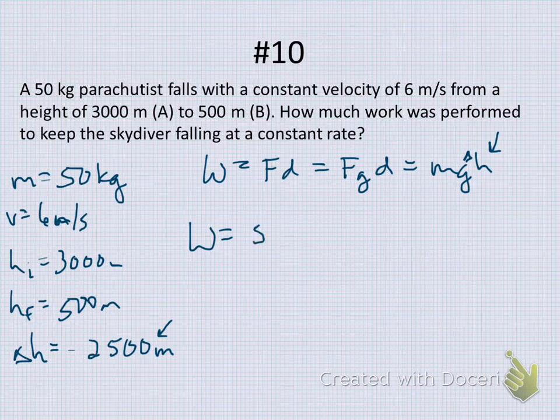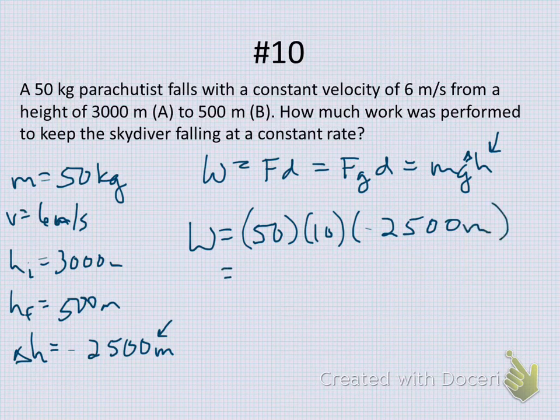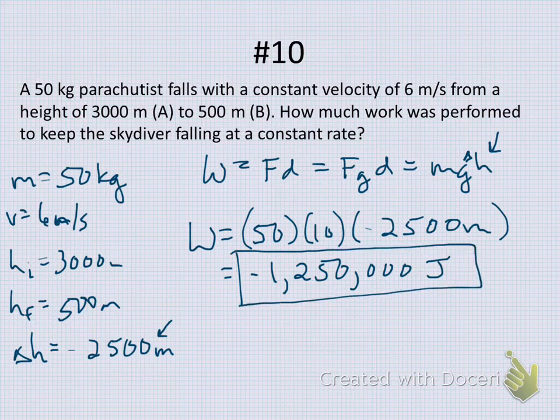So it's going to be the 50 kilograms times the 10 meters per second squared of gravity times the negative 2,500 meters. And that's going to give us negative 1,250,000 joules of work done by air resistance to keep the parachutist falling with a constant velocity.